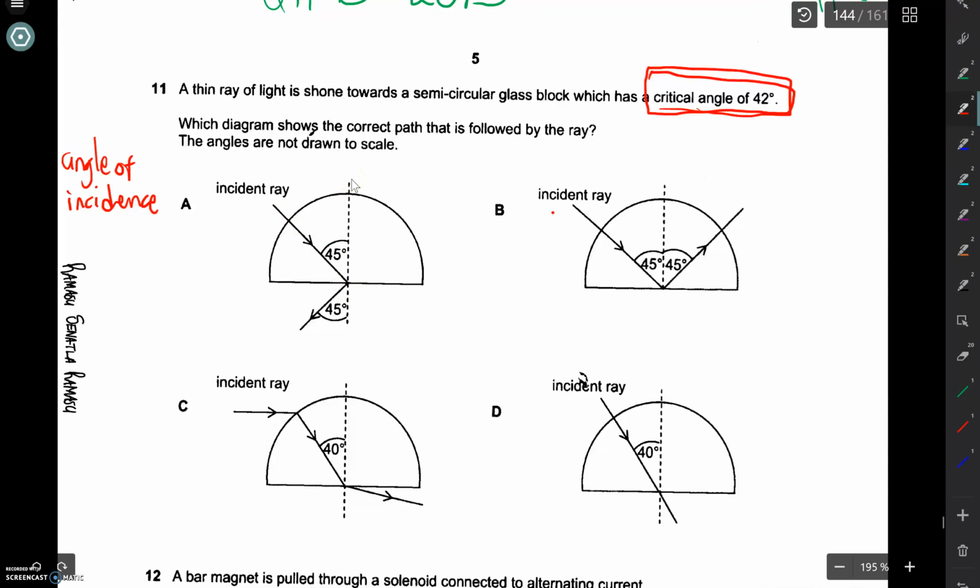The dotted line here is the normal. So the angle of incidence is the angle between the normal and the incident ray. It's this angle here.